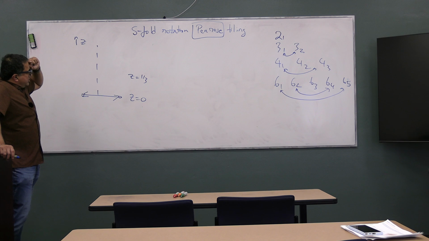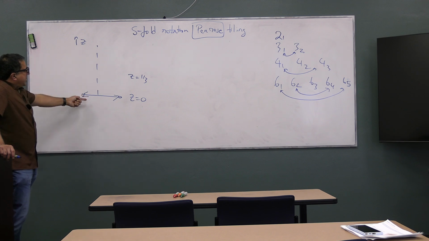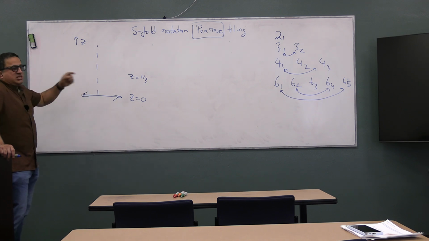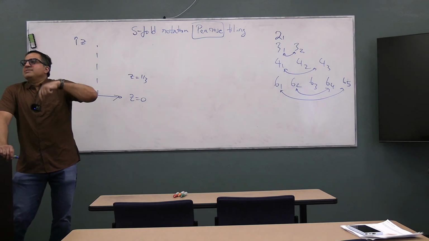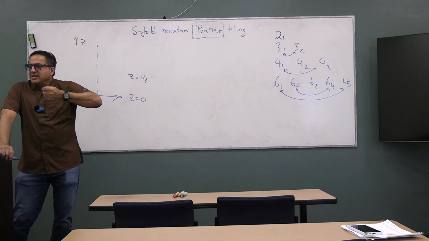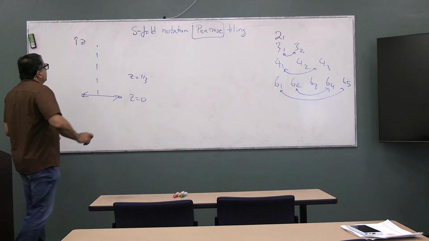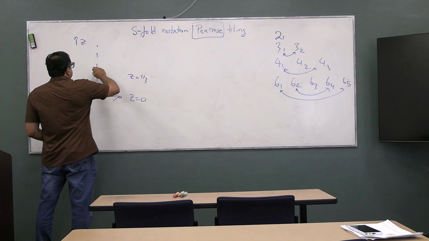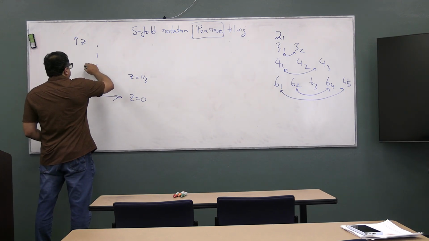It's going to have a 6-fold rotation, but it's a doubled object. So a 6-fold rotation would be a rotation by 360 divided by 6, which is 60 degrees, right? So if it goes 60 degrees, it looks something like this.